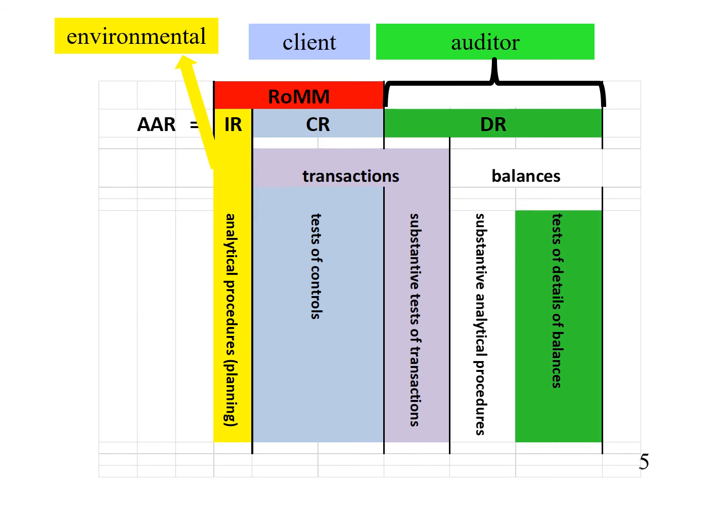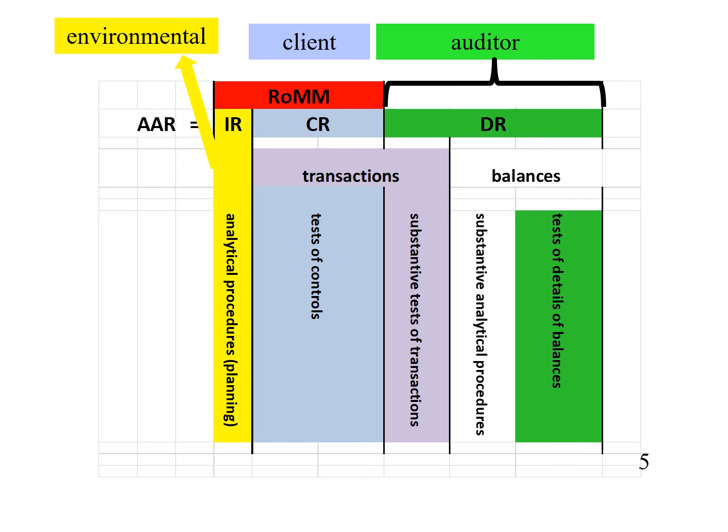Typically, when we're assessing control risk, we perform tests of controls. Not always, but usually. Detection risk, the auditor can reduce by performing substantive tests.